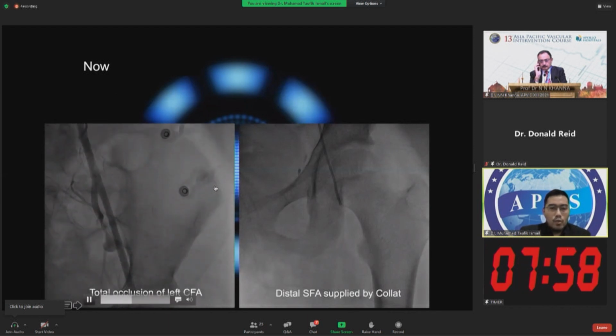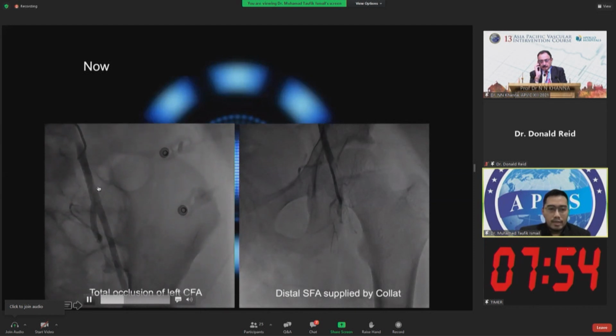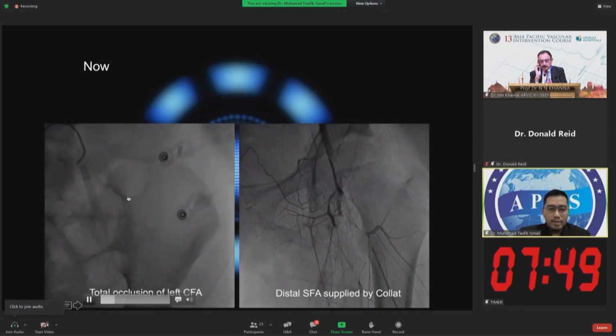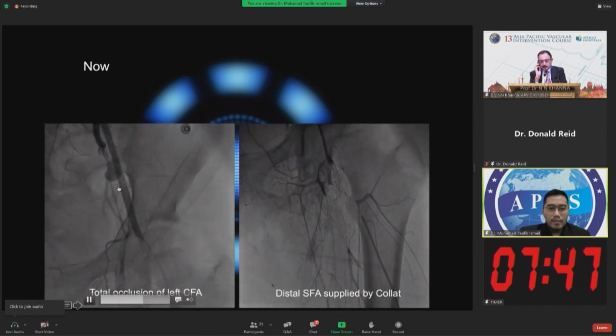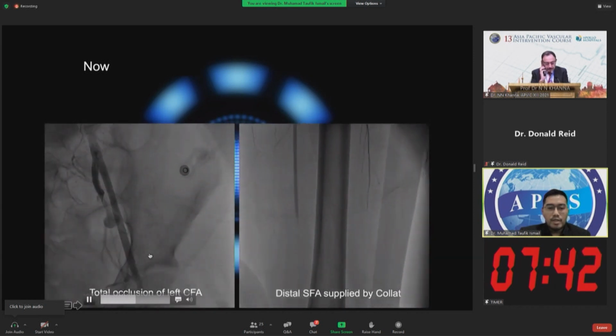Now, 1 month after the first procedure, the patient's left leg is painful, and we can see from the arteriography total occlusion of the left common femoral artery.